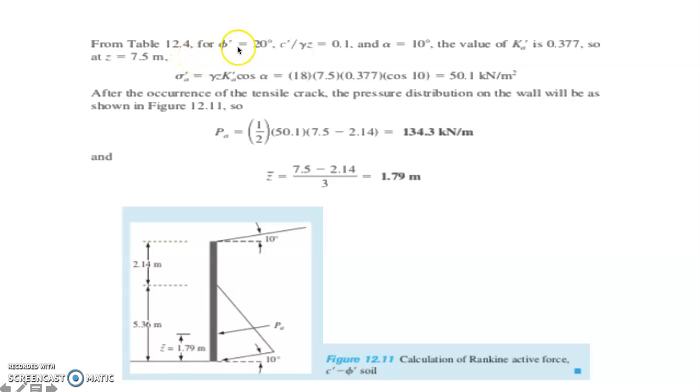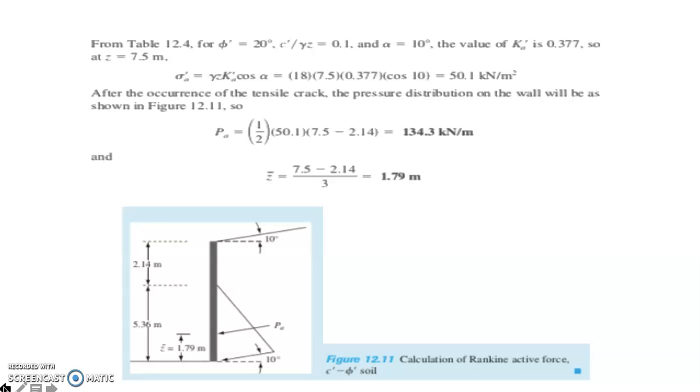Since we have phi, which is 20 degrees, alpha is 10 degrees, and the ratio is 0.1, you simply have to locate it from table 12.4.